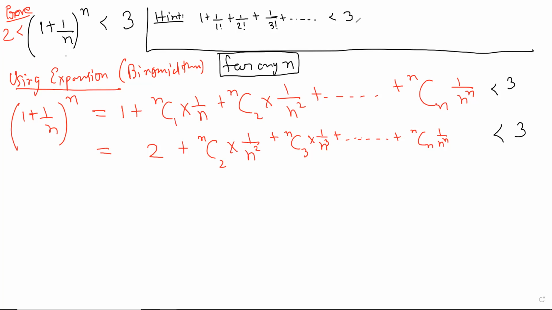No, I mean, it's just dot dot dots. So no matter how many factorials you take, it will be less than 3. So you can just take it till 1 by n factorial only. And this you may have seen or may not, but for a second we can assume this.